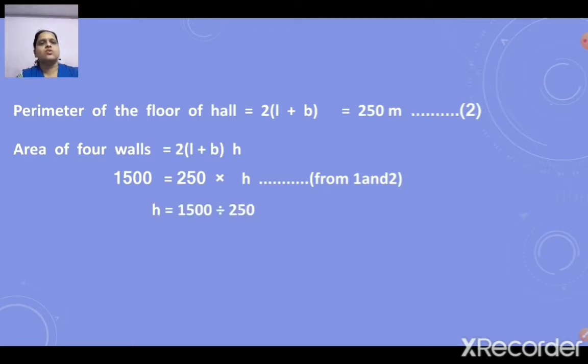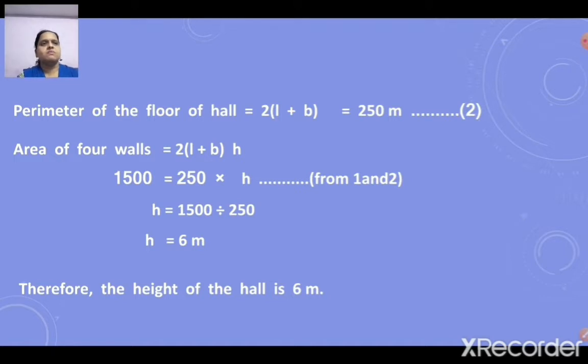So H equals 1500 divided by 250, and we are getting H as 6 meter. Is it correct? Yes. So the final answer is: therefore the height of the hall is 6 meter. I hope this is clear to all of you.